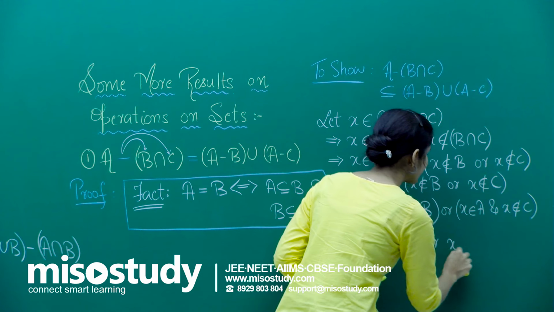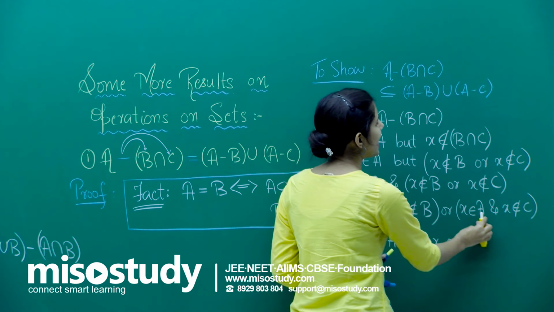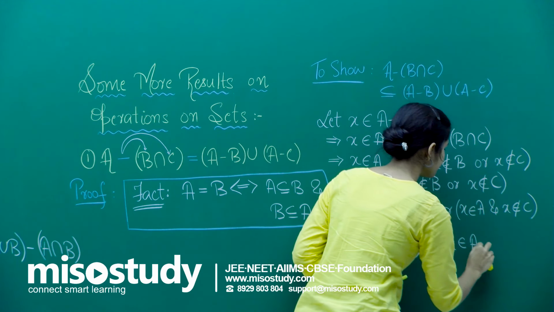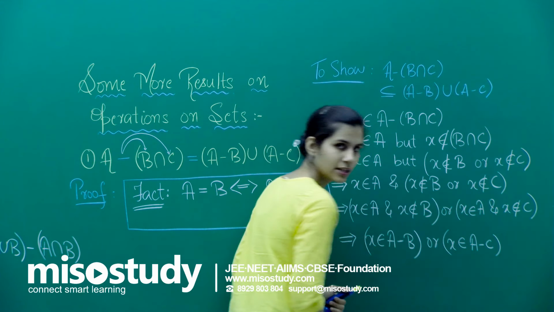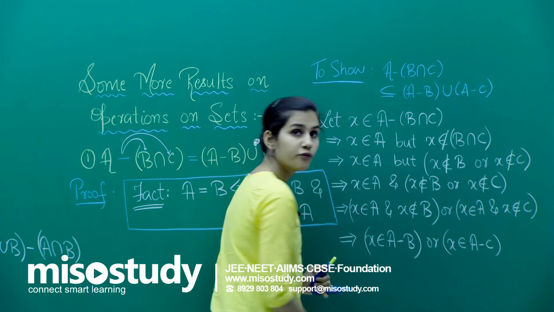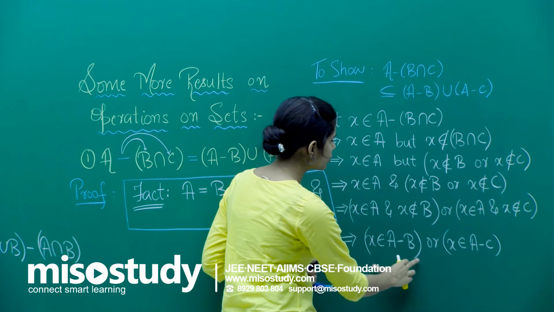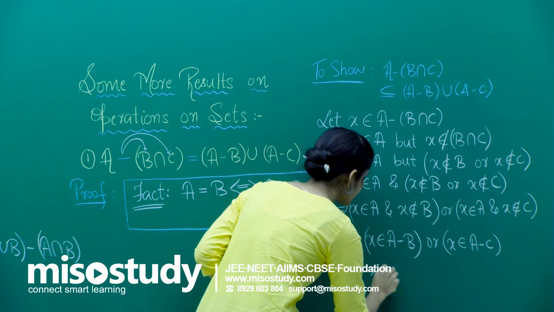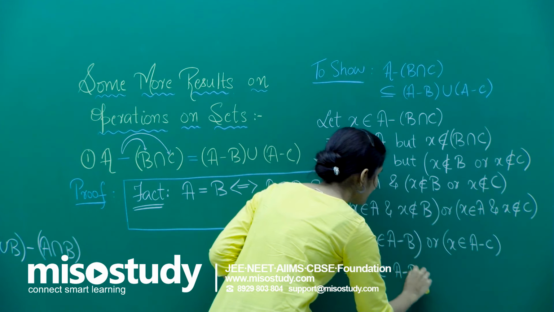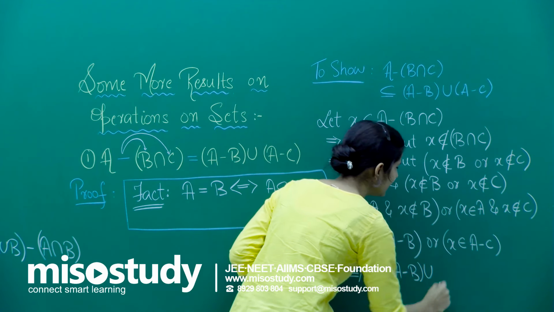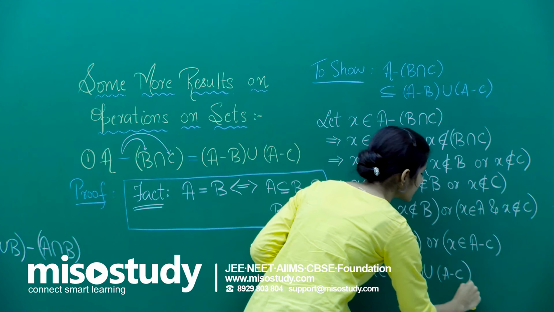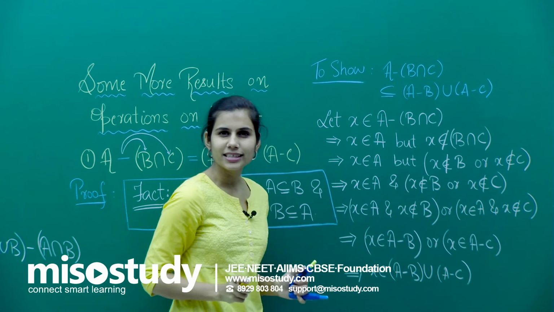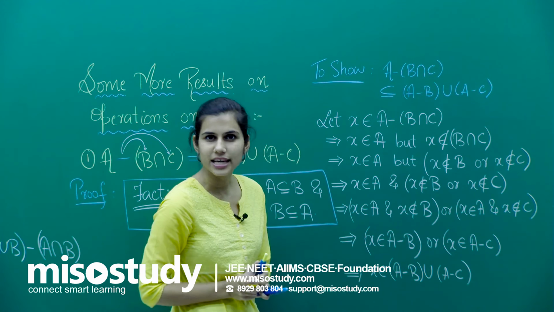Or X belongs to A minus C. You know what is the meaning of or. Either X belongs to this or X belongs to this, which means X belongs to A minus B union A minus C. This is the definition of union of two sets.